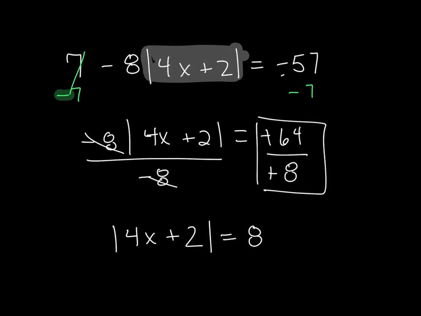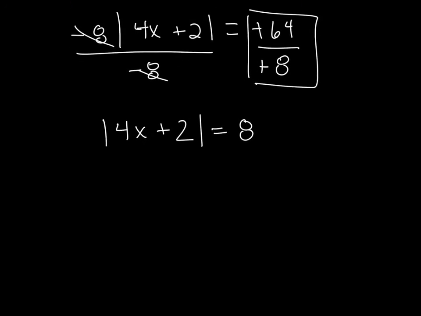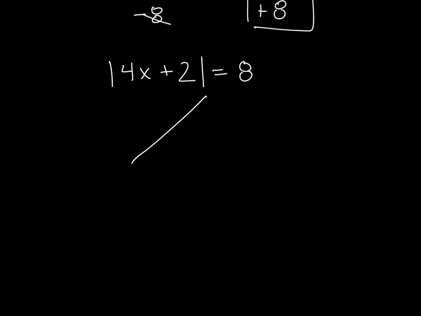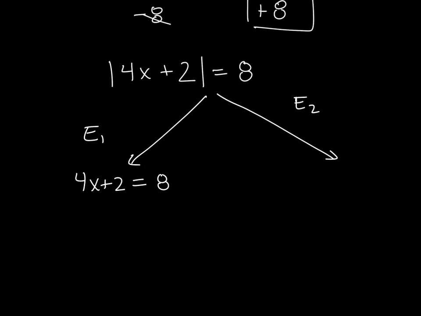Now, again, it's an absolute value equation, so now I have to go through and do 2 different pieces. I have equation 1, where I have 4x plus 2 will equal my positive 8. And then I have equation 2, where I have 4x plus 2 will equal a negative 8. And I have to solve both of these.